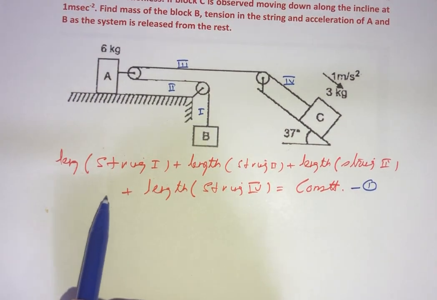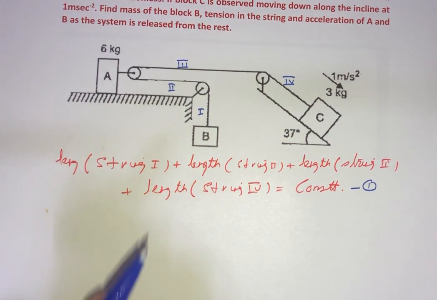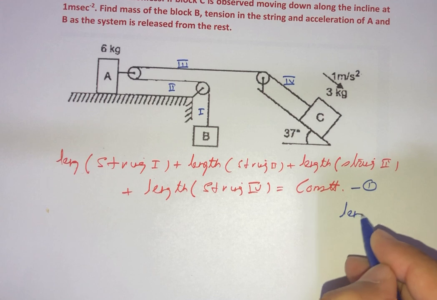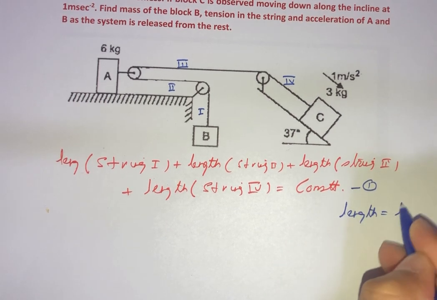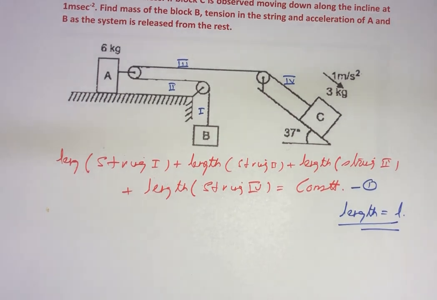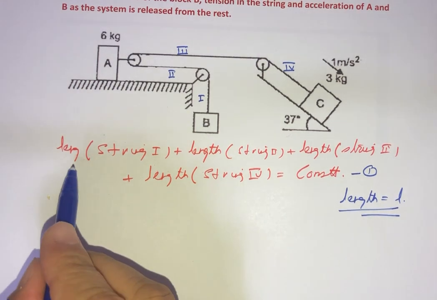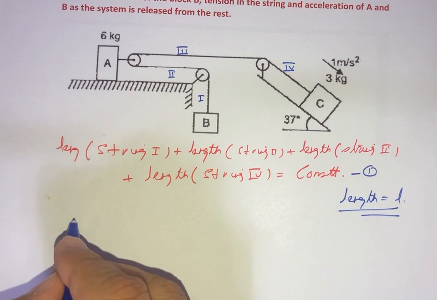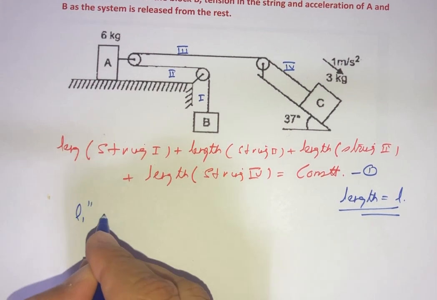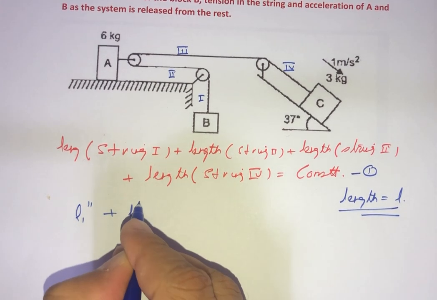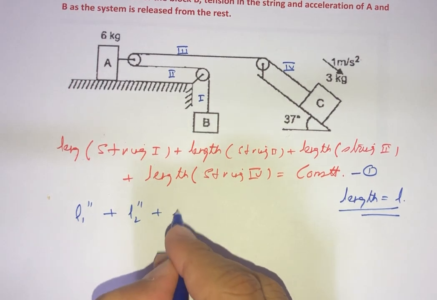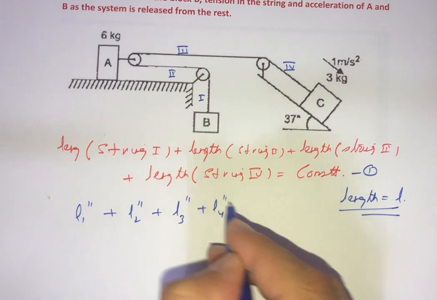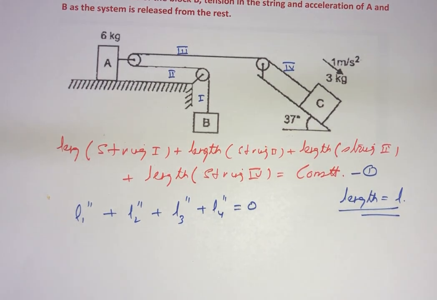So if we double differentiate equation 1, and let us say length is written as L, we can say L1 double derivative plus L2 double derivative plus L3 double derivative plus L4 double derivative is equal to 0.